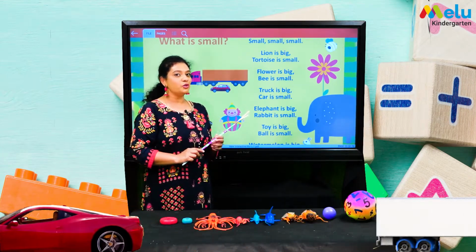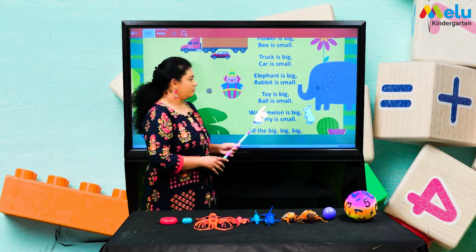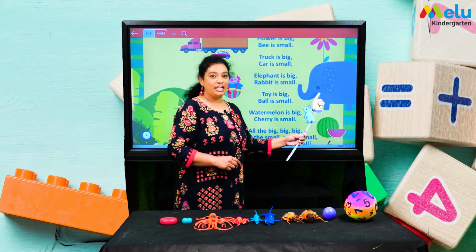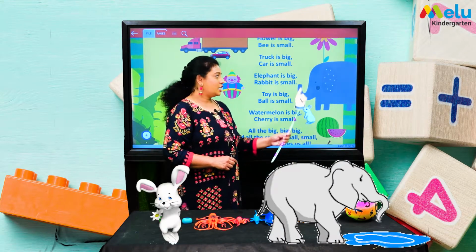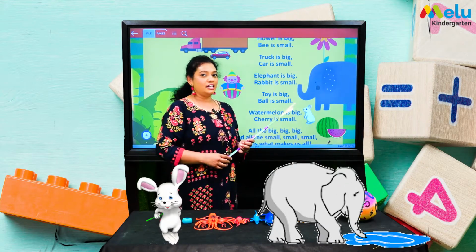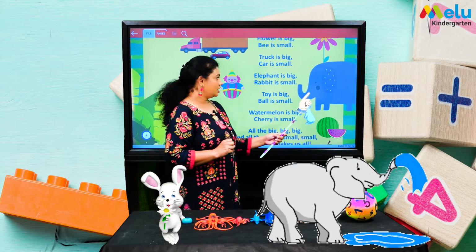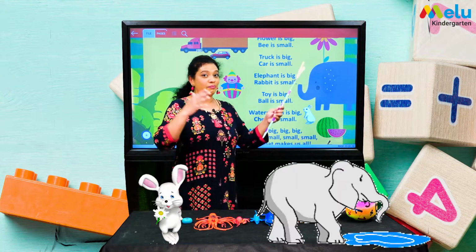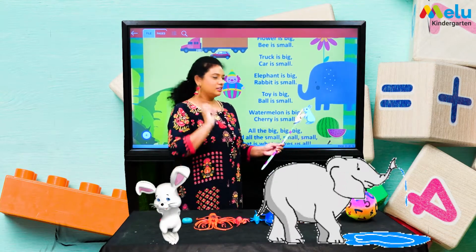Now let us move to one more example. We have two animals here. One is an elephant and the other is a rabbit. Now tell me which animal is big in size and which animal is small in size. You are right. It's a right guess, children. Elephant is big and rabbit is small.